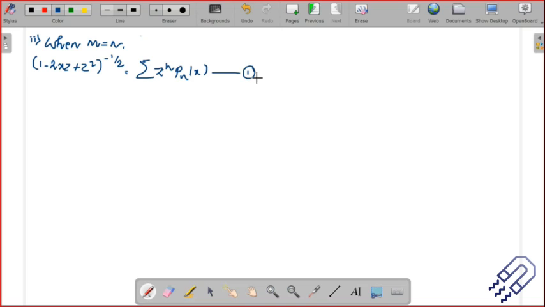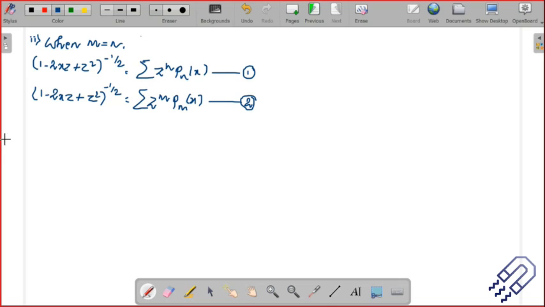Let me mark this as number 1, and then the second term I can mark as 1 minus 2xz plus z square whole thing to the power minus half is equal to the summation of z to the power m Pm x. This is number 2.